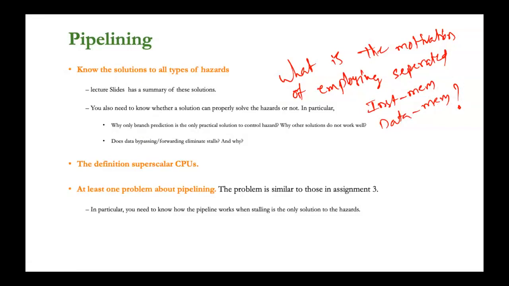What's the answer? Can anyone write down in the chat box?